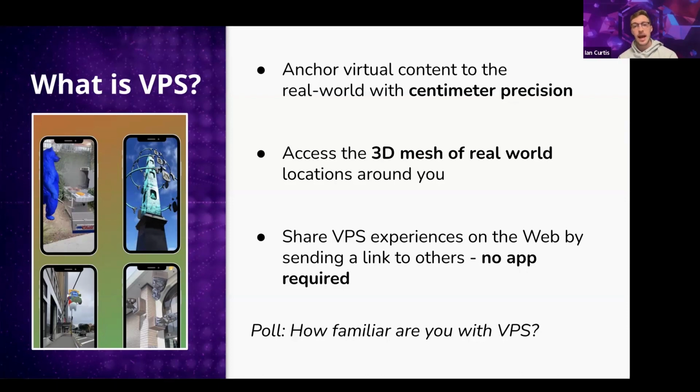You have the real mesh of the 3D world, so you can use that as an occlusion. You could highlight it. You could add video textures to it, so it gives you a lot more wiggle room on how immersive and what type of experience you want to build.